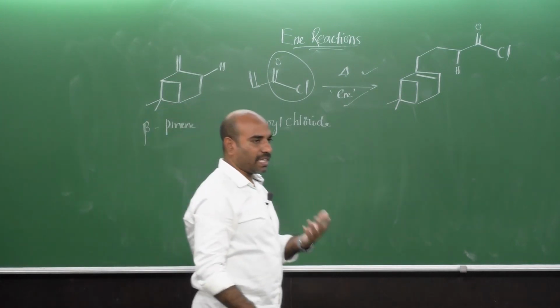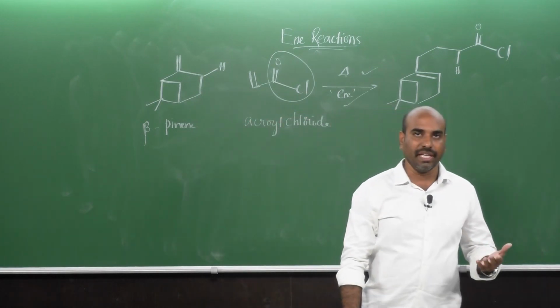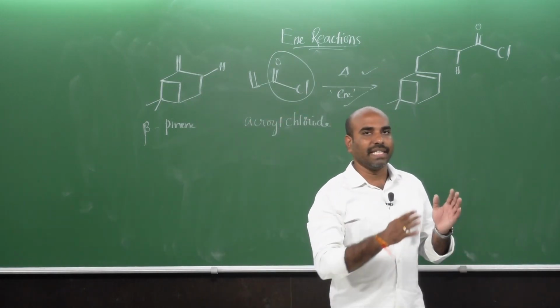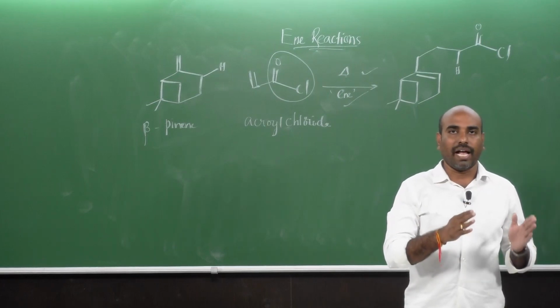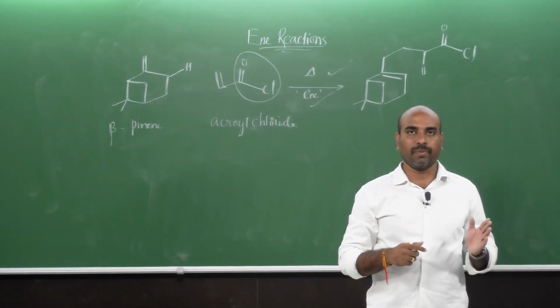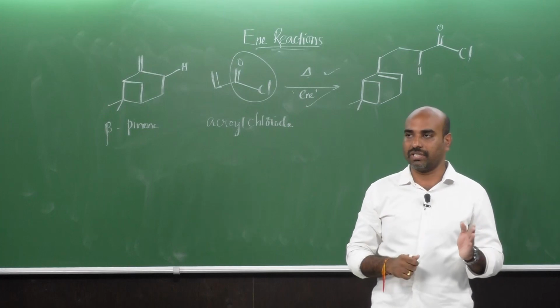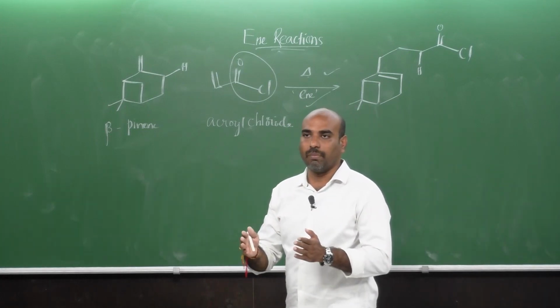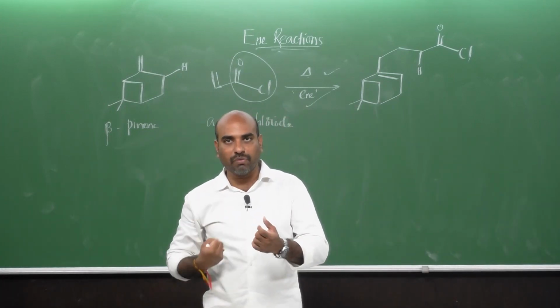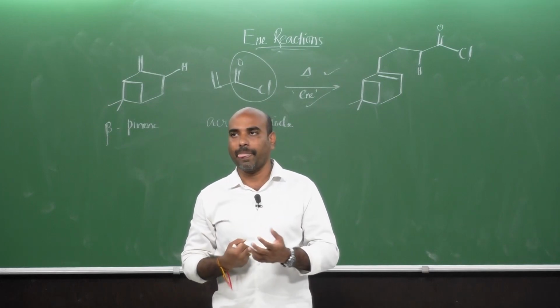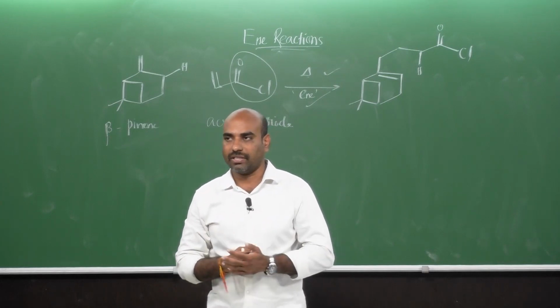One thing, if we try to recollect, in the case of Diels-Alder reaction also, the diene molecule, if it has electron releasing groups, will become highly reactive in nature, and the dienophile component, if it has an electron withdrawing substituent or group, becomes highly reactive in nature.